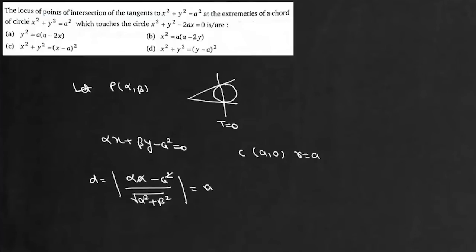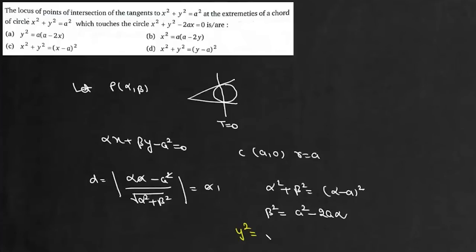Now this a will cancel. If we square it, we get alpha square plus beta square equals alpha minus a whole square, or it will be beta square equals a square minus 2a alpha.